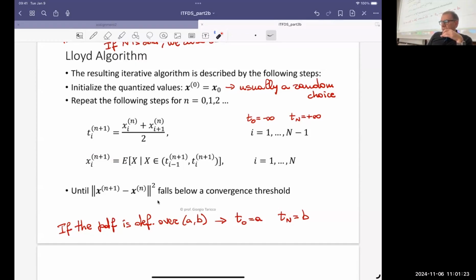We stop by considering, for example, the difference between the quantization points at iteration n plus 1 and the quantization points at iteration n, and we can calculate the squared Euclidean distance between these two vectors. And when this becomes sufficiently small, that is, it falls below a convergence threshold, then we stop the iteration. We break the loop.